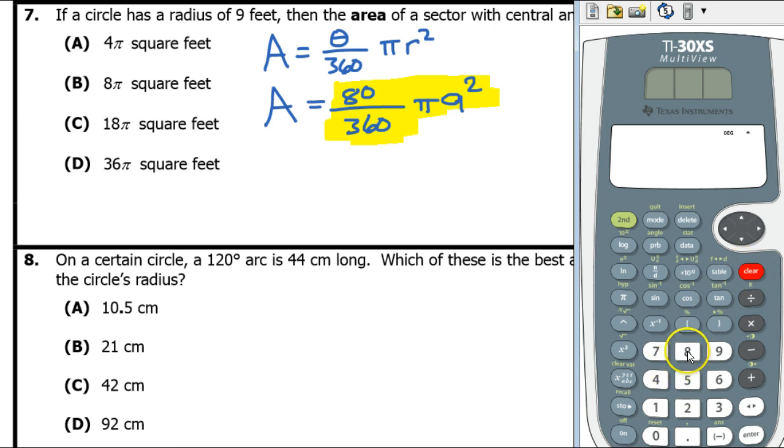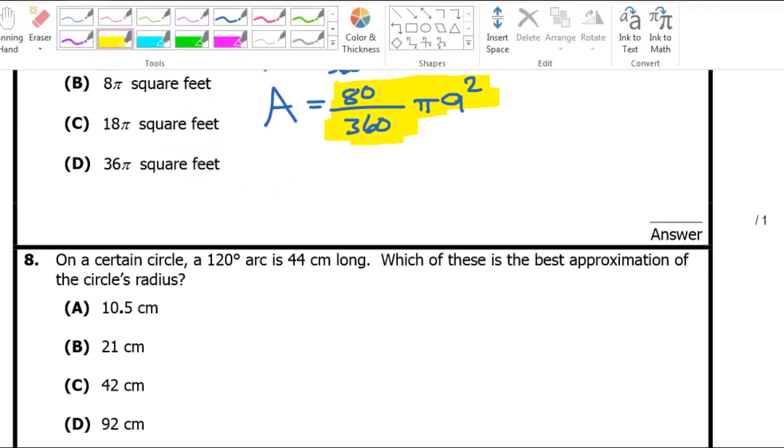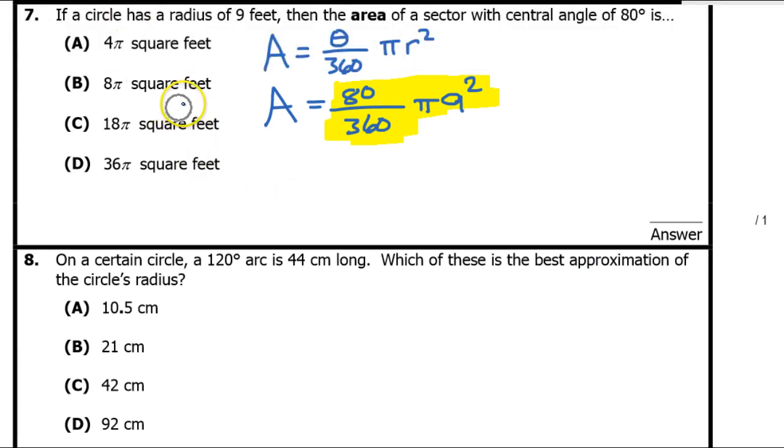So that's going to look like this: 80 over 360 times pi 9 squared. I can just put the whole thing in. And that gives me 18 pi. So the answer is going to be C, 18 pi square feet.